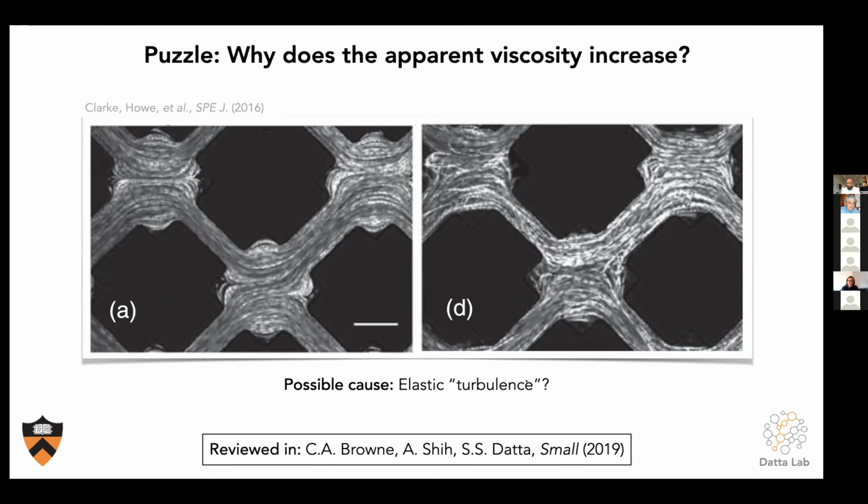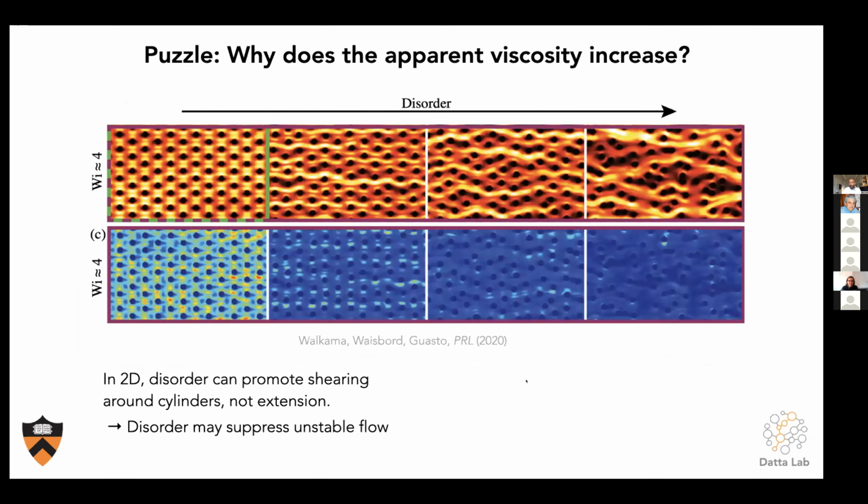But we don't know. And then even more recently, this possibility was kind of cast into doubt. There's this very nice paper in PRL last year where Jeff Guasso's group showed that in some cases, in 2D ordered porous media, when you introduce disorder, these flow fluctuations actually go away.